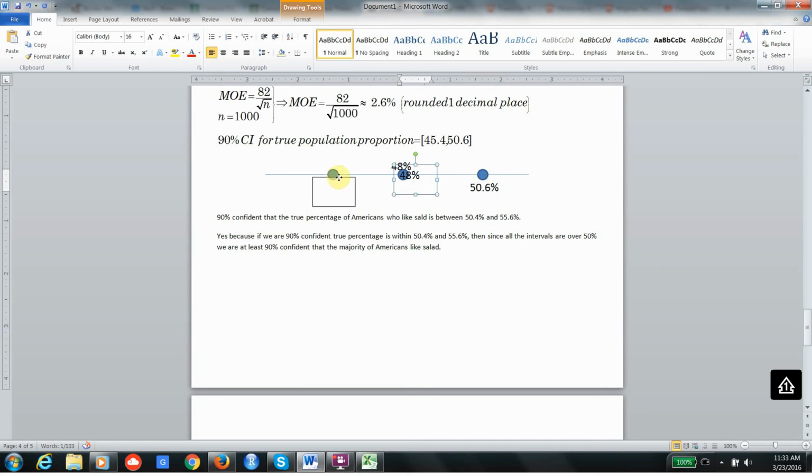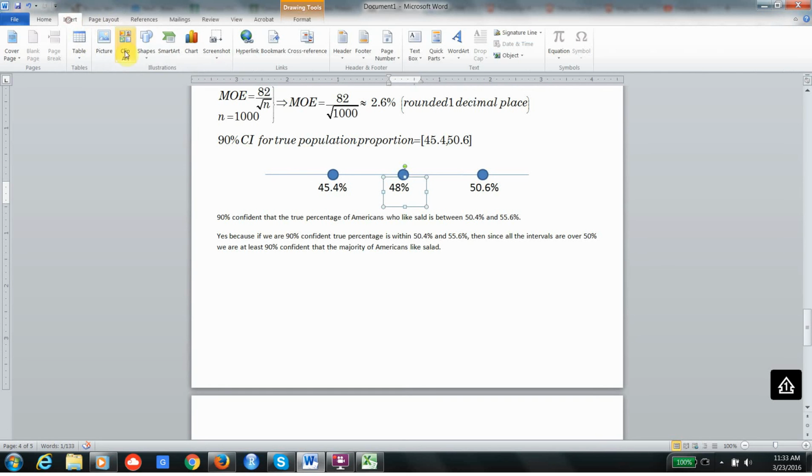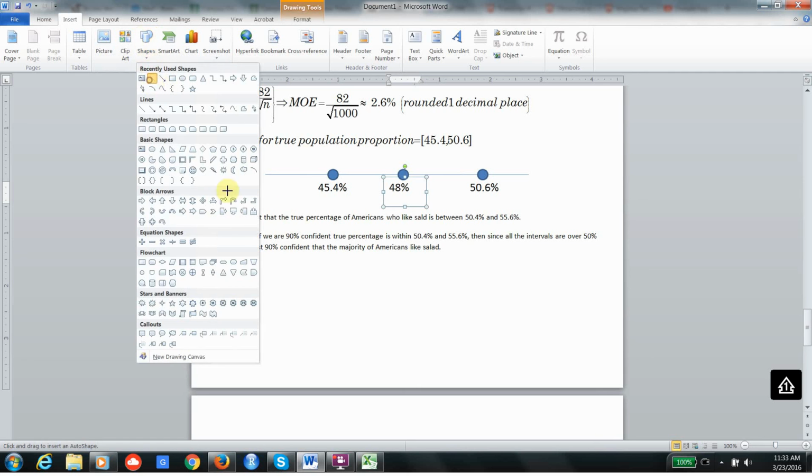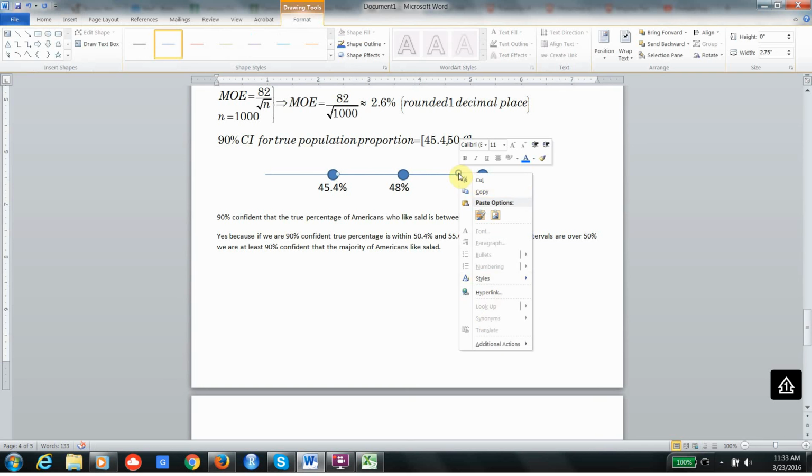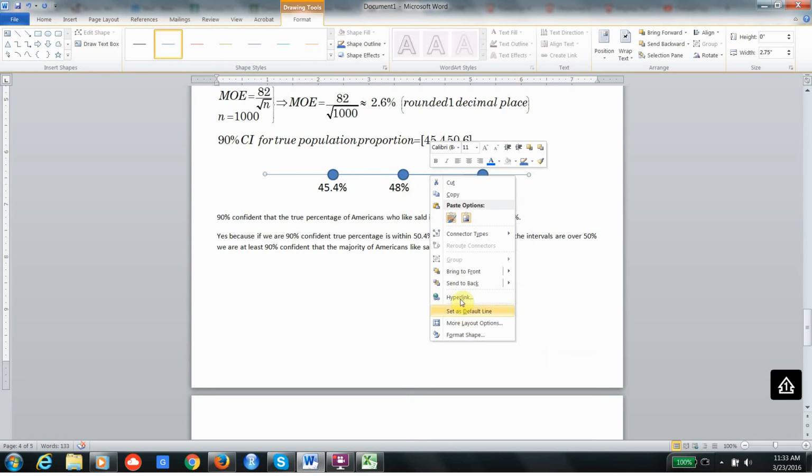This is the lower endpoint of the confidence interval, which is 45.4. And we think that the true value lies in here. We're 90% sure. So we're very, very sure that the true value lies in here. And I want to know, how confident am I?